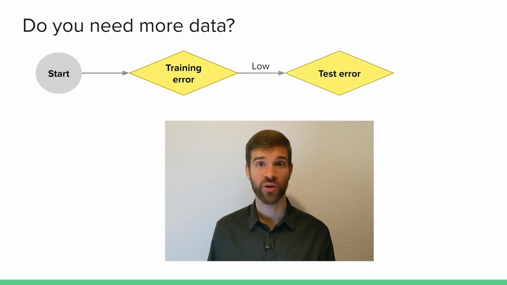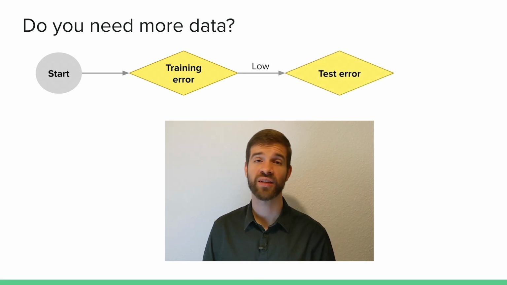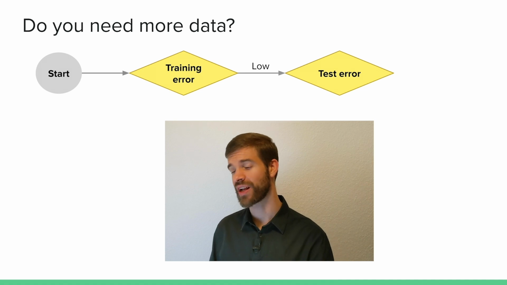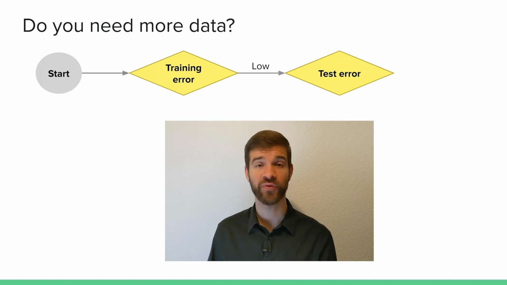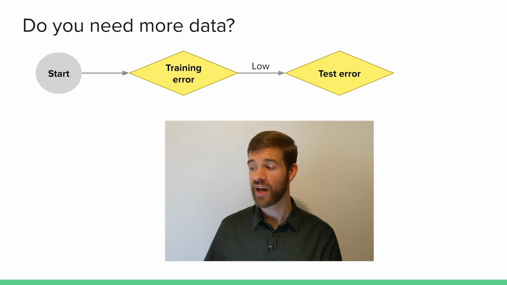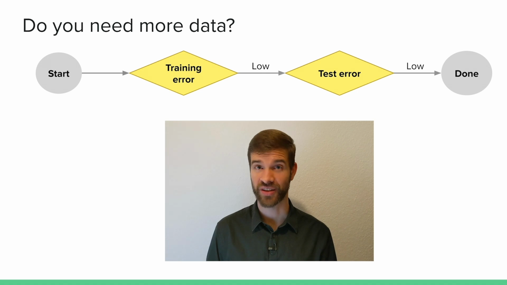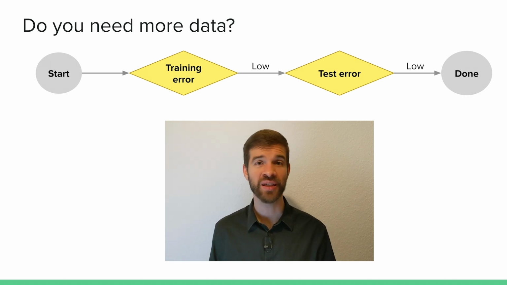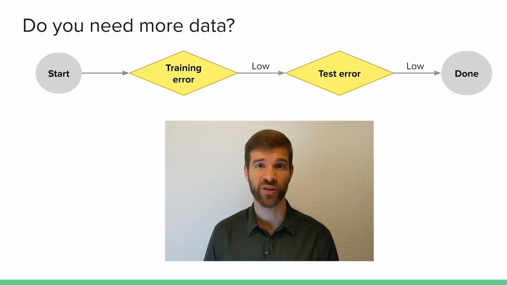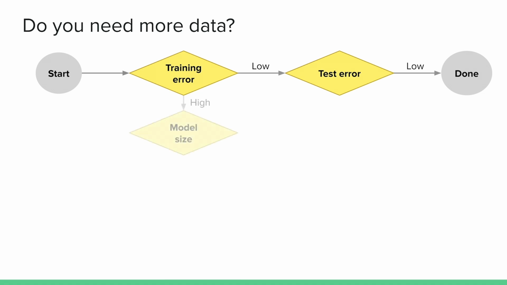When your training error is low, you go to the next step, to the hyperparameter optimization and testing. Ideally, you found a good set of hyperparameters. If the test error is low, well, congratulations, you're done. You found a good model that works well on your data. It doesn't necessarily mean that it works well on all of the data, but at least on the data that you have collected and showed to the network.